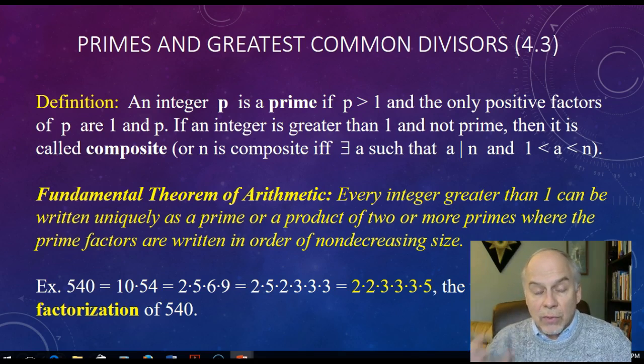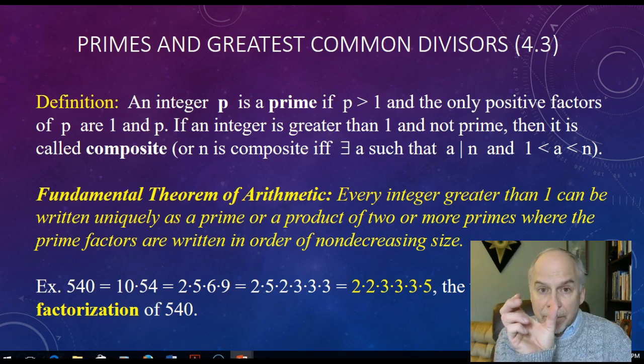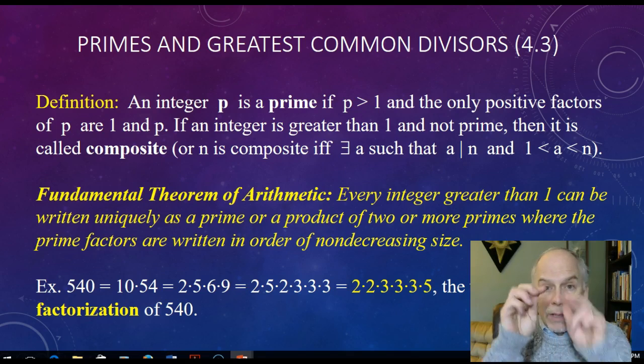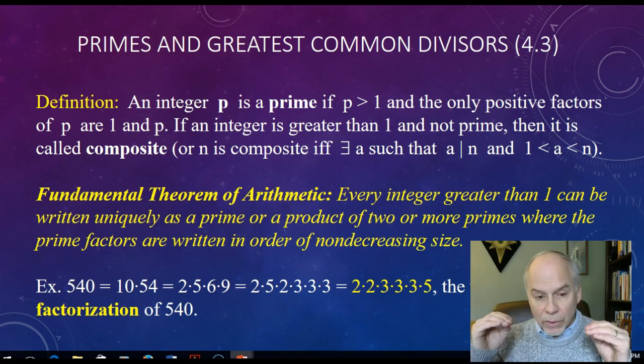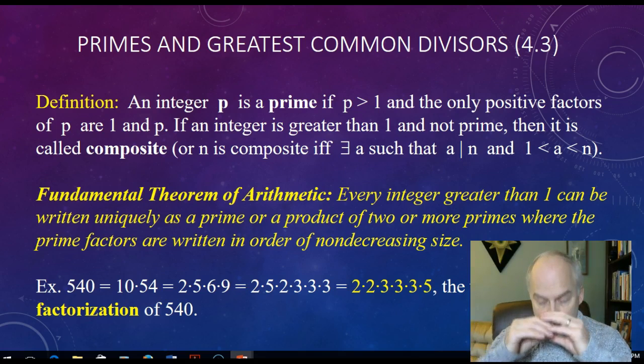So in other words, for every number, it's either a prime number or we can break it up into the product of prime numbers. If we just continue to break up the numbers as far as we can go, we will eventually reach that it's the product of a bunch of primes.